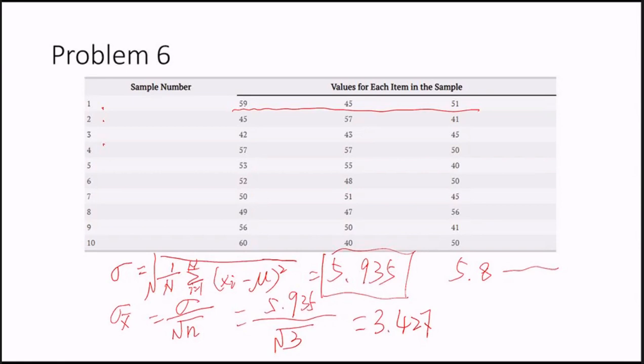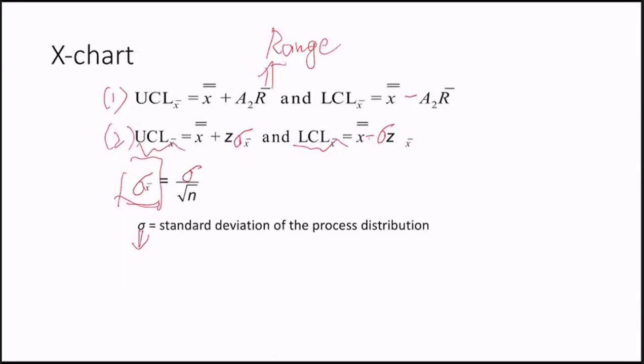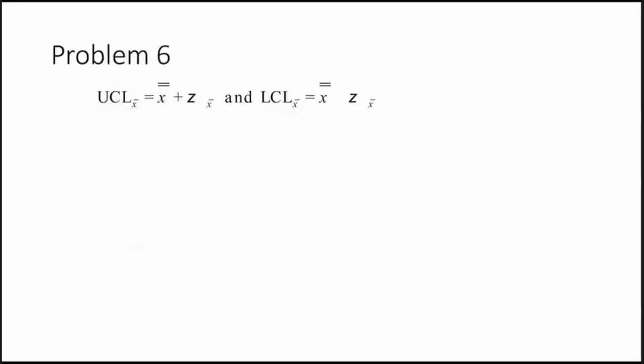Okay. So after we obtain the standard deviation and the standard error, we will be able to obtain the upper and the lower limits with the formulas here. The upper limit equals the average of sample average plus z times the standard error, and the lower limit equals the average of the sample average minus z times sigma x bar, the standard error.